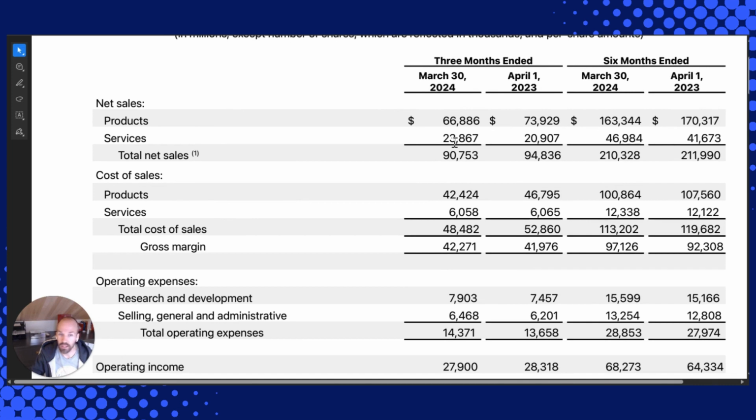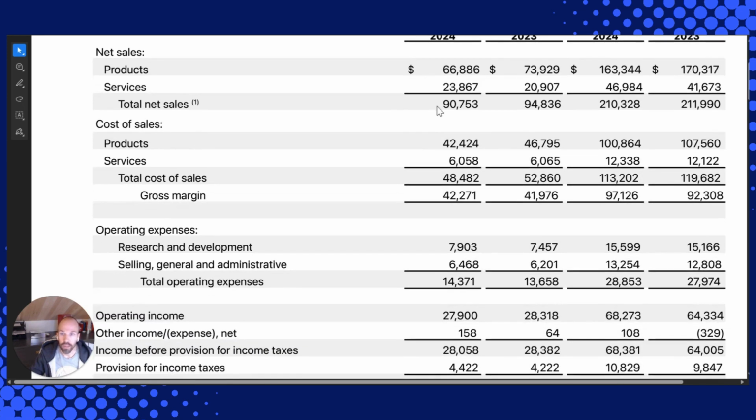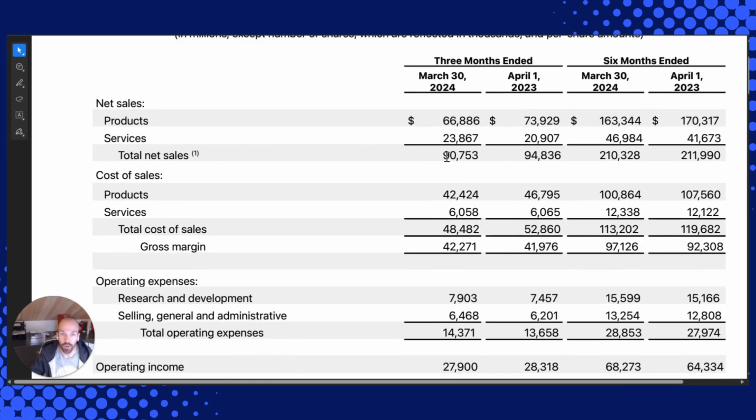Interestingly enough, we'll look at what that means for their actual financial position in a second. So all in all, they sum those up to show total revenue has declined from 94.8 in the same period last year to 90.8 in the current period. So that's revenue, or net sales as Apple discloses it.